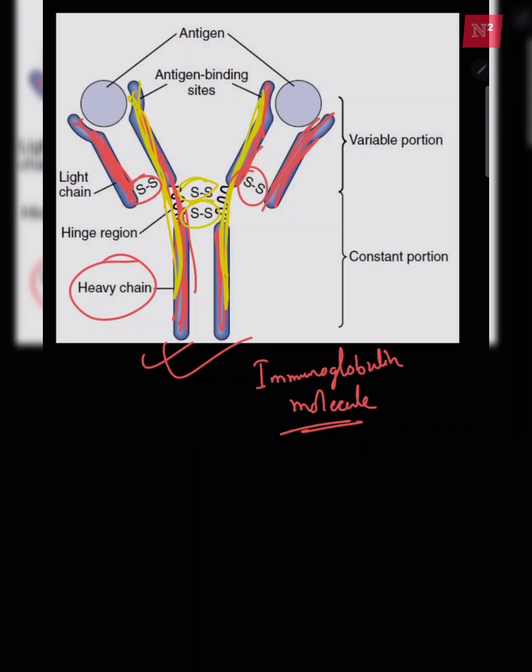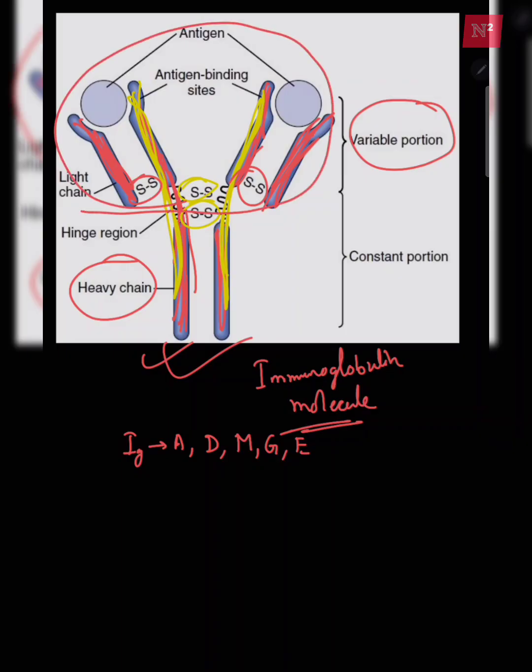Now usually there are immunoglobulin variants A, D, M, G, E. All these variants of immunoglobulin have different biochemical structures. Those structures are variable because of the change in this part of the molecule. This is called the variable portion.